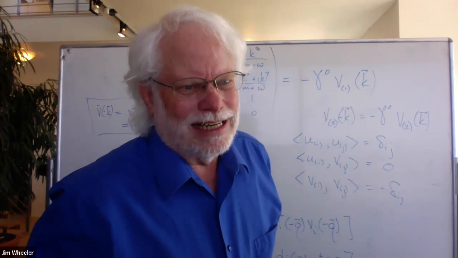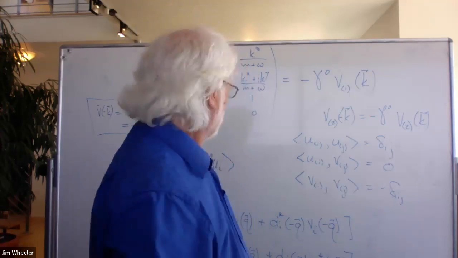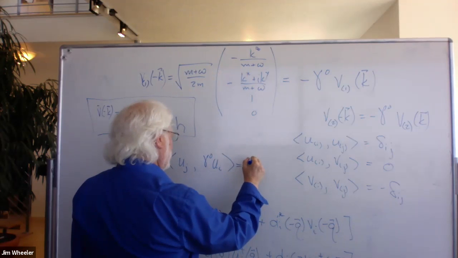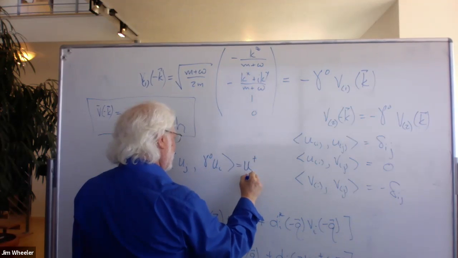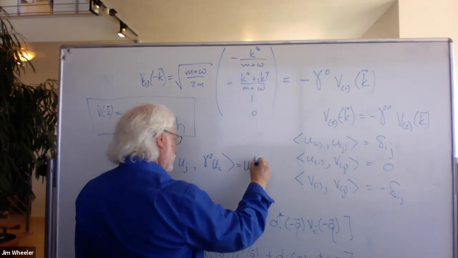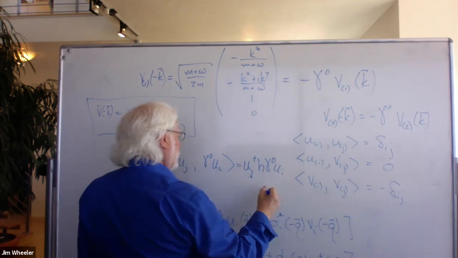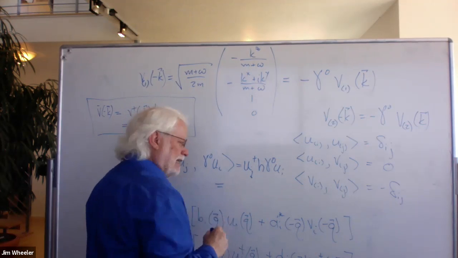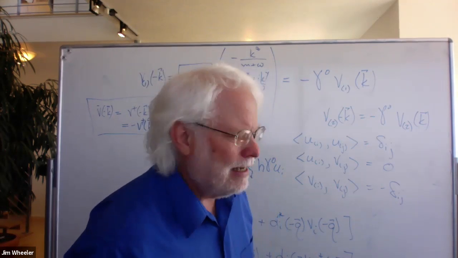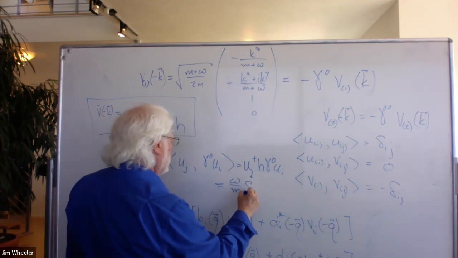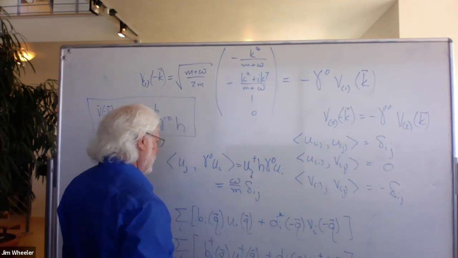That inner product picks up a factor. This is the definition: u_j dagger with an h, with a gamma 0 and a u_i. It turns out to be just a factor times Kronecker delta. So we get omega over m times delta ij here.